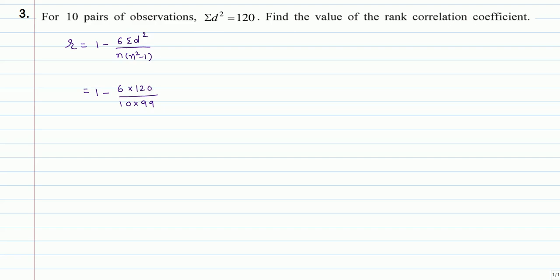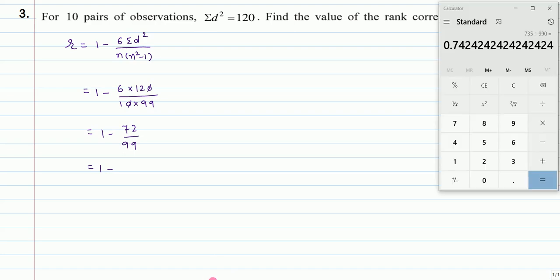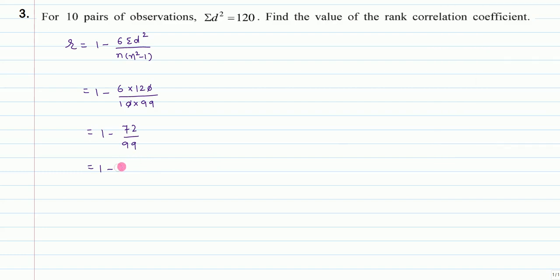Put directly, the zeros cancel out. So 1 minus 72 divided by 99. 72 divided by 99 is 0.73. 1 minus 0.73 is equal to 0.27. So 0.27 is our answer.